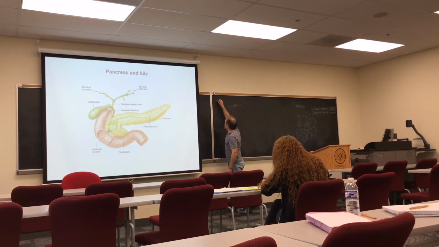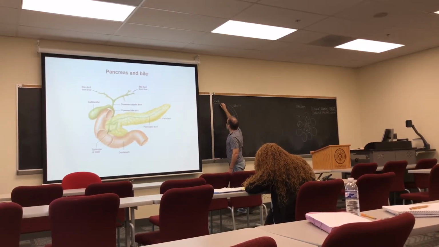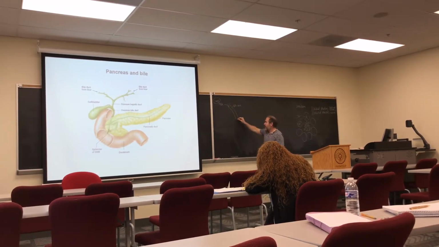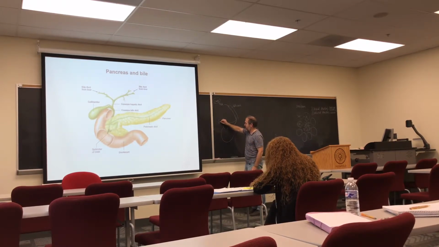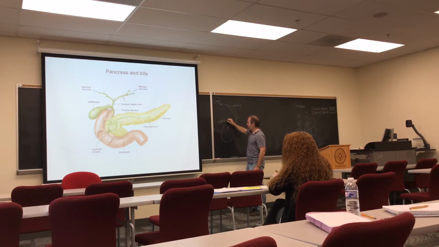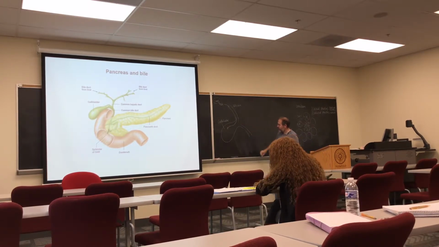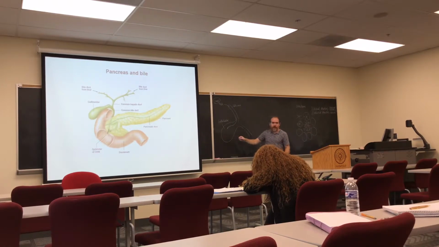So the liver is going to secrete bile, which is collected in the bile ducts, right? Then the bile is going to be stored in the gallbladder. And then you're going to have another duct whenever the gallbladder contracts. Then the bile is going to go through here.